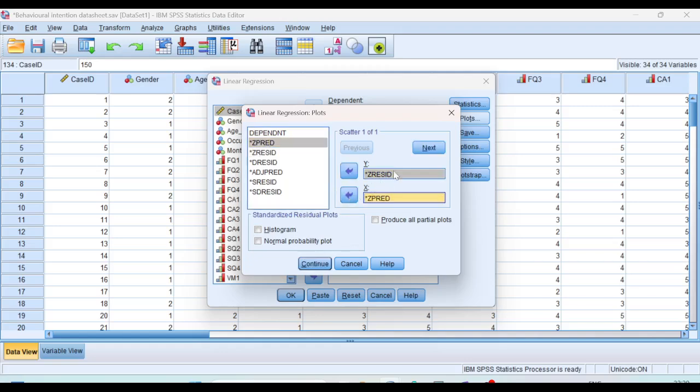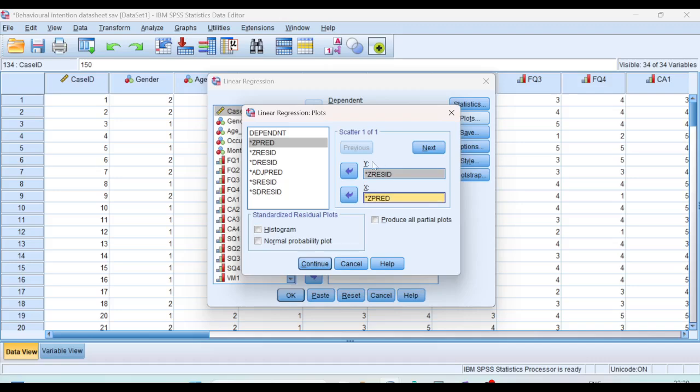So what is a residual? Residual is an error which we get through subtracting the predicted value from the observed value. Okay, so whatever observation you have gathered, the data which you have gathered, the value which you have got through that, we have to subtract the predicted value from that observed value to get the residual.